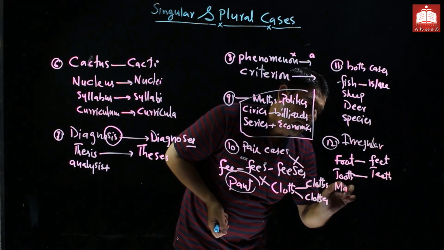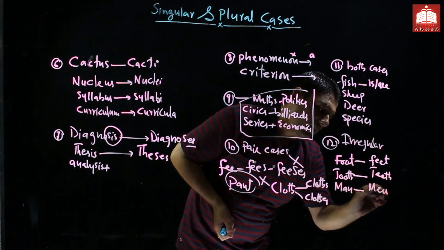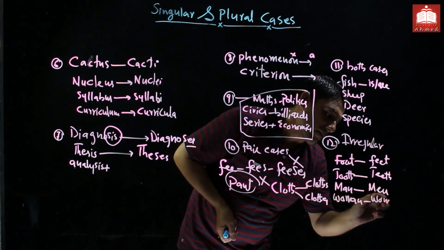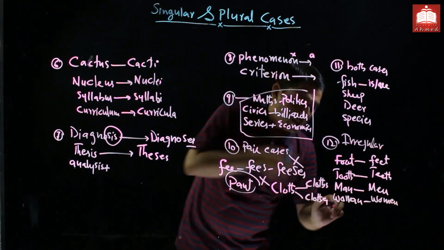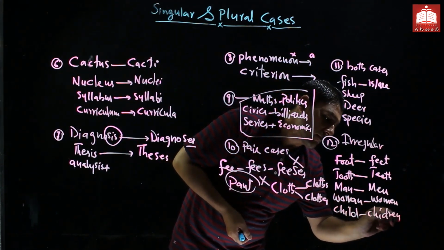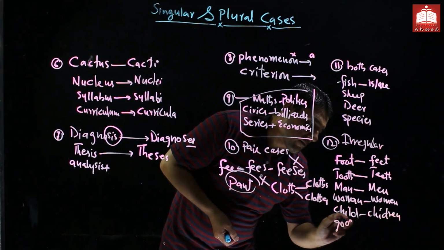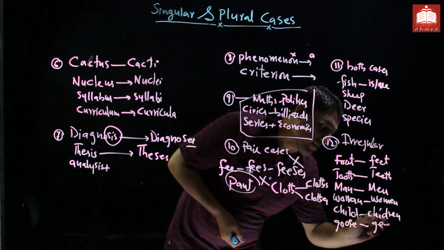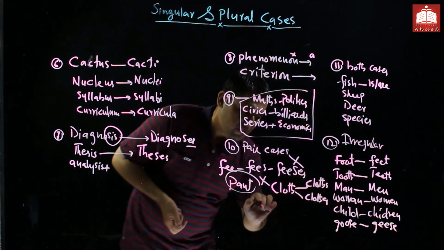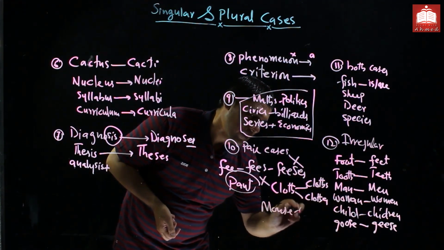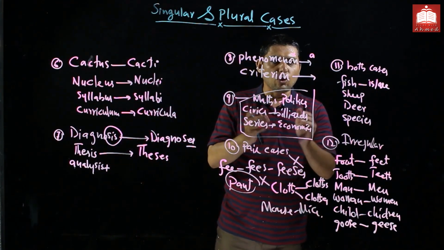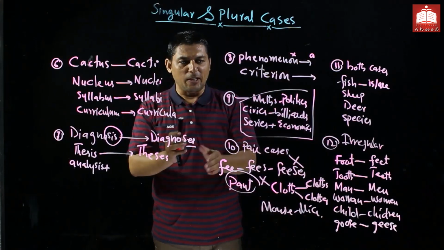Man, men; a woman and women; a child and children; and we have more examples, mouse and mice. So this lecture is all about singular and plural cases.